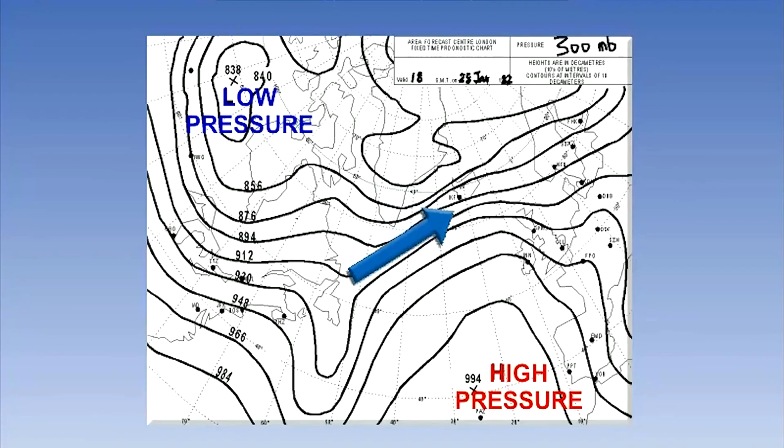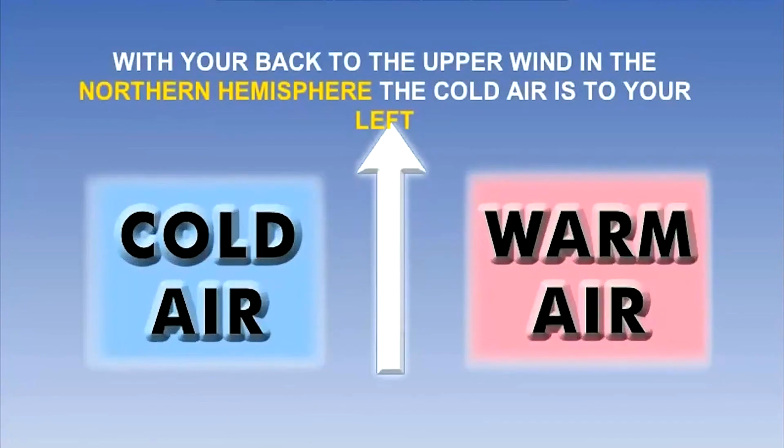Think of a surface pressure chart and how the winds blow in relation to the isobars around lows and highs. Let's now examine this chart in relation to upper wind direction and speed. We already know that the pressure gradient force acts from an area of high pressure to an area of low pressure as shown.